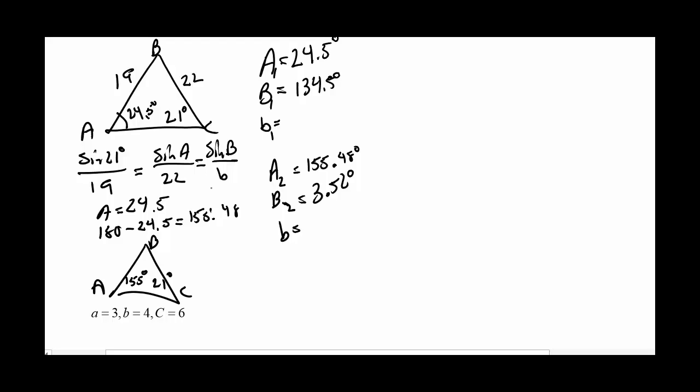So 22 times the sine of B, so I'll do the 134 one first, divided by the sine of A. So in that triangle I get 37.8, and in the other triangle, sine of B times 22 divided by the sine of A. And then that triangle I get 3.25, so I get a little tiny angle. But you do want to watch for, it's called the ambiguous case with law of sines.